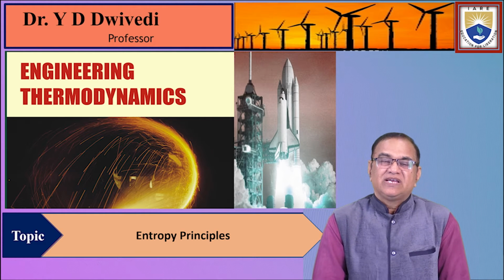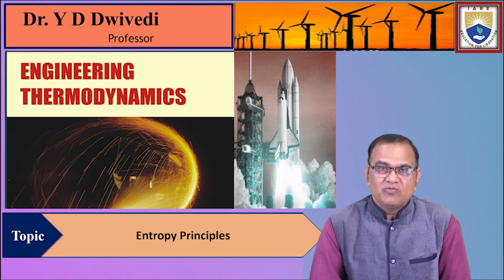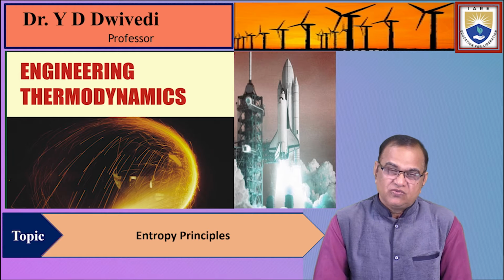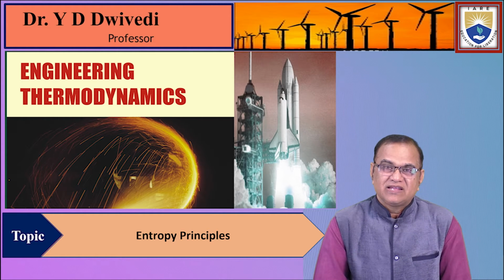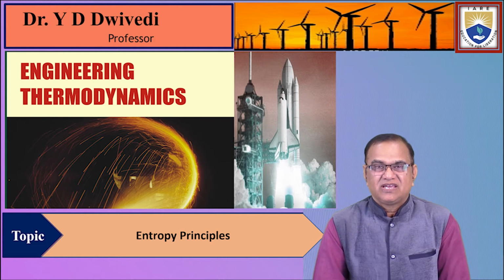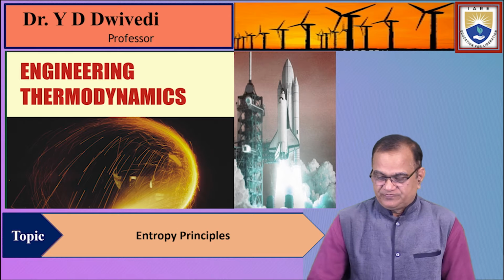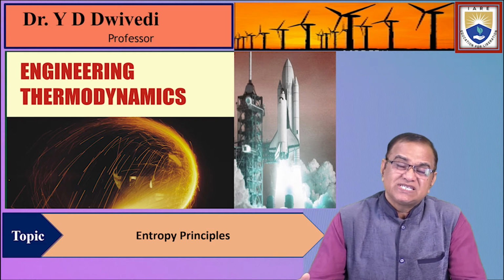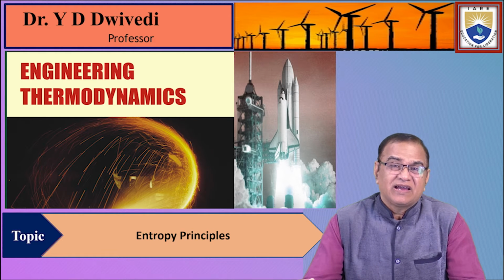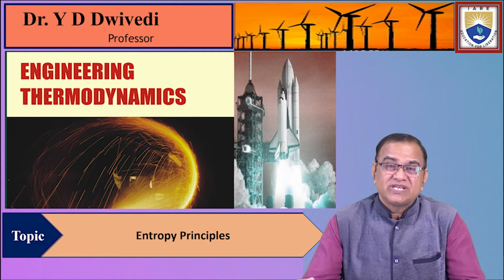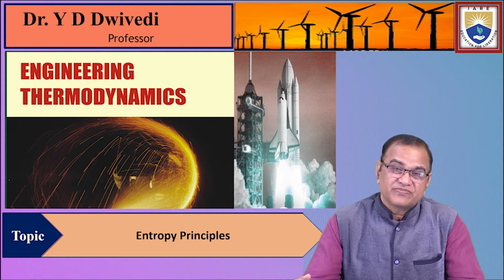If the cyclic integration of del Q by T is negative, it is an irreversible cycle. In no case should the cyclic integration of del Q by T be greater than 0. This statement is given by Clausius, and this is known as the Clausius statement.